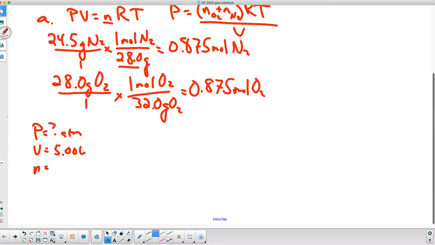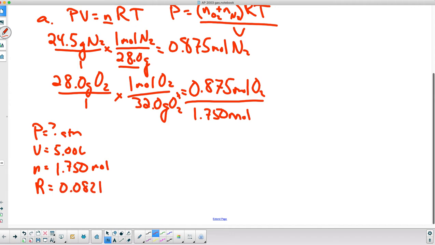N is these two added together, which would be 1.750 moles. Number of moles for the mixture. My R value, because it's in atmospheres, is 0.0821, and my temperature is 298 Kelvin. So what is my pressure?